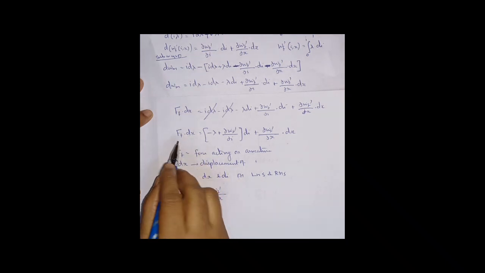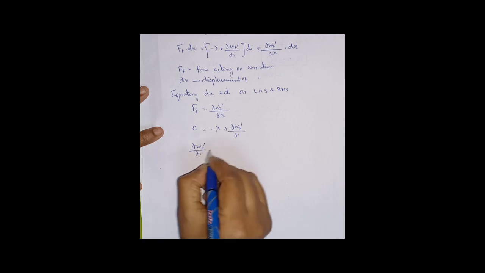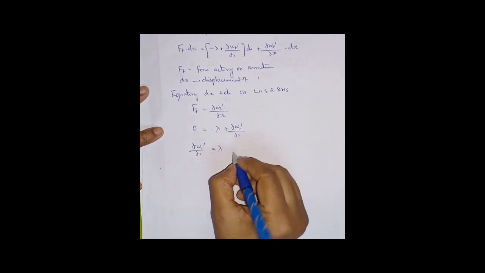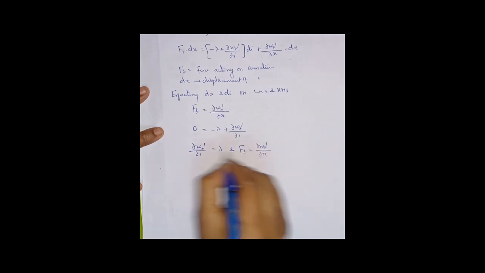Then another one, no di component, so here left hand side it is 0 is equal to minus lambda plus ∂Wf'/∂i, which I can write as ∂Wf'/∂i is equal to lambda, correct, and Ff is equal to ∂Wf'/∂x.